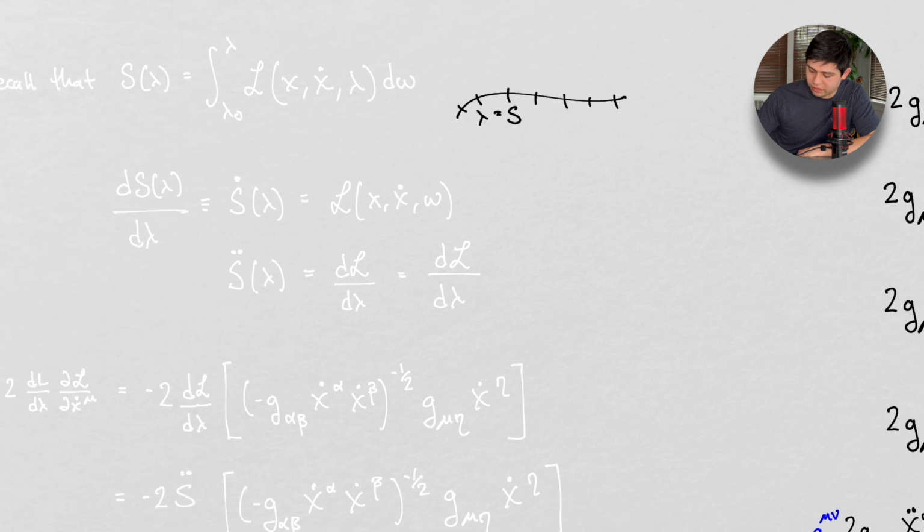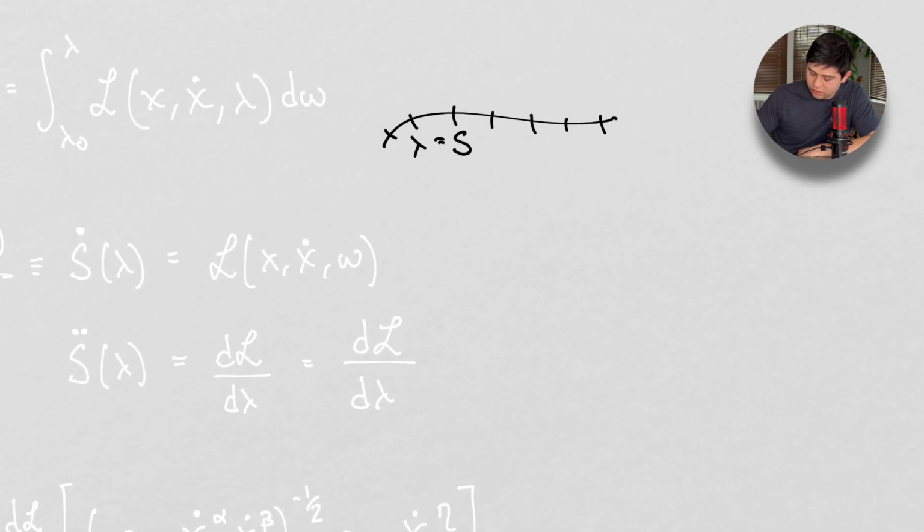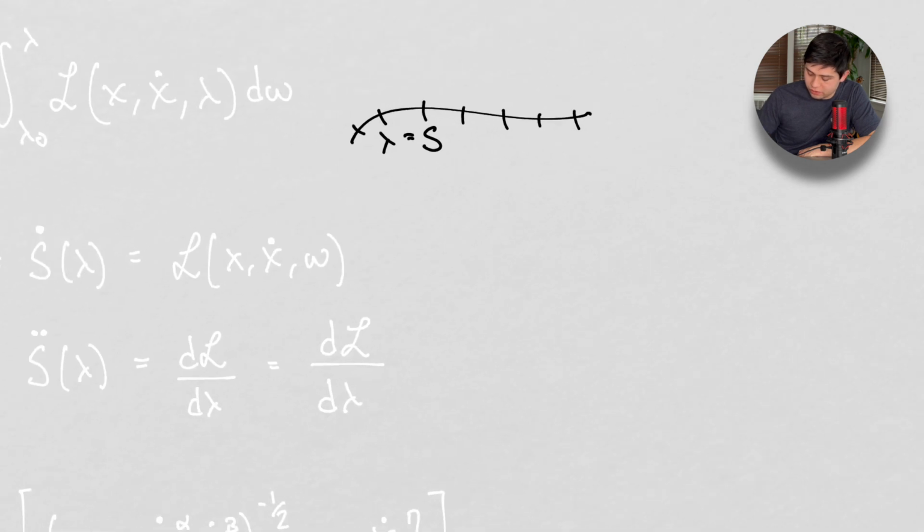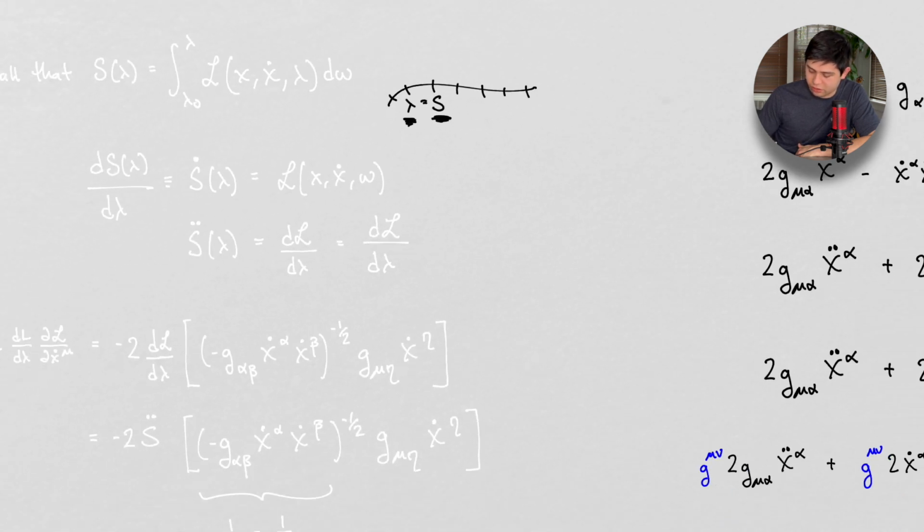The parameter is given to us by the action, and when we want to minimize the action, we're minimizing the distance. Okay, that's the argument.